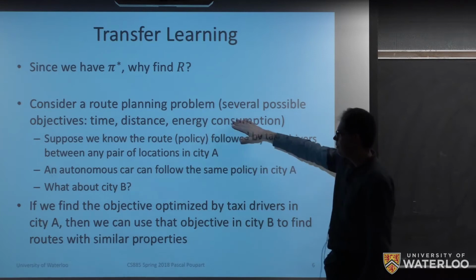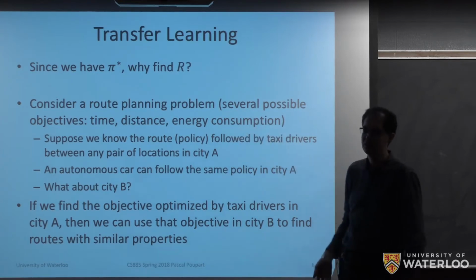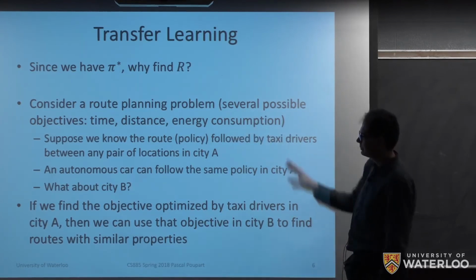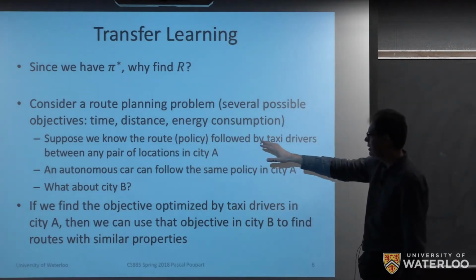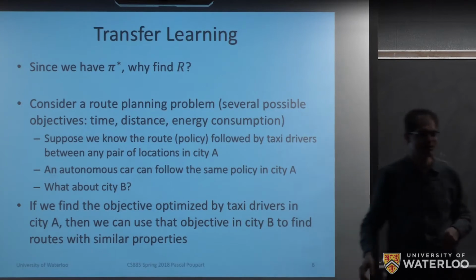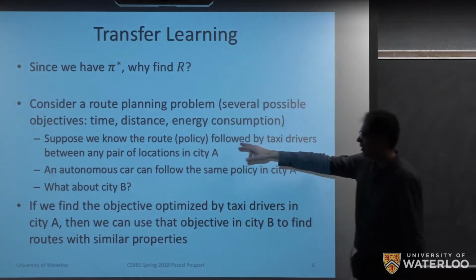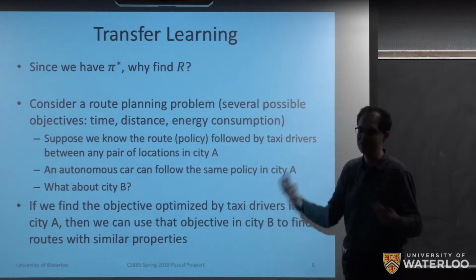Okay, so here it's actually not clear which route you want to pick because it depends on what the objective is. Now, let's say that we know the route or the policy that is typically followed by taxi drivers. These are expert drivers, right? And let's say that we've got this information for any pair of locations in some city.